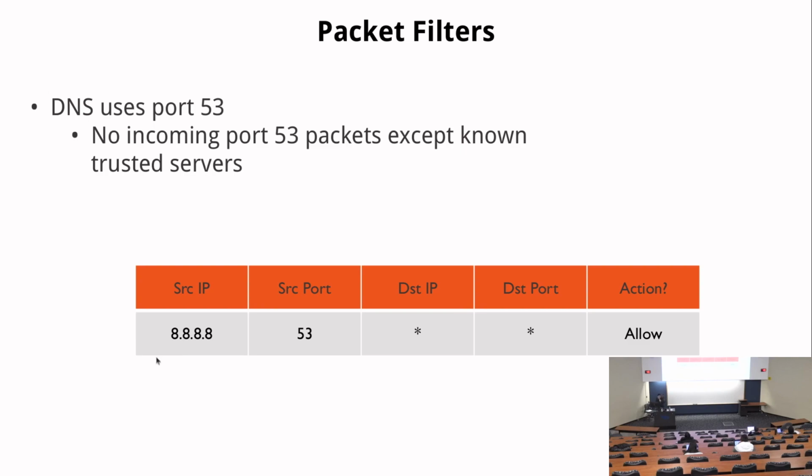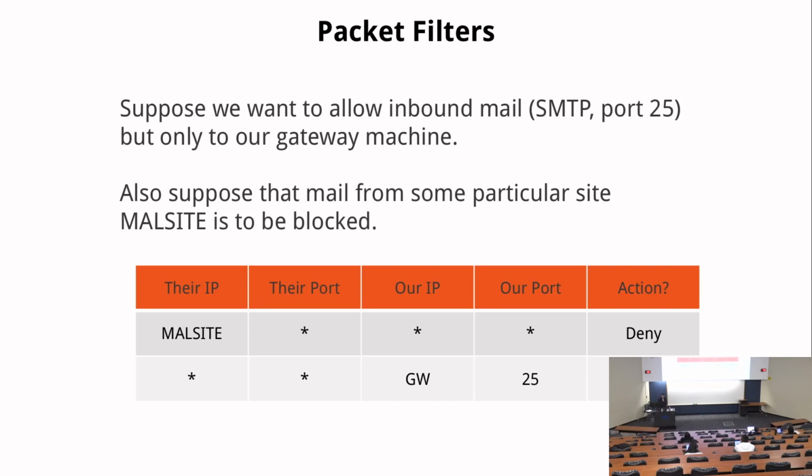Of course, the IP address can be spoofed, as we discussed in the last 2 weeks. That is solved by DNSSEC or some other protocols. So the policy could look like this. Also, let's say we want to allow inbound emails using the simple mail transfer protocol, SMTP, which uses port number 25.